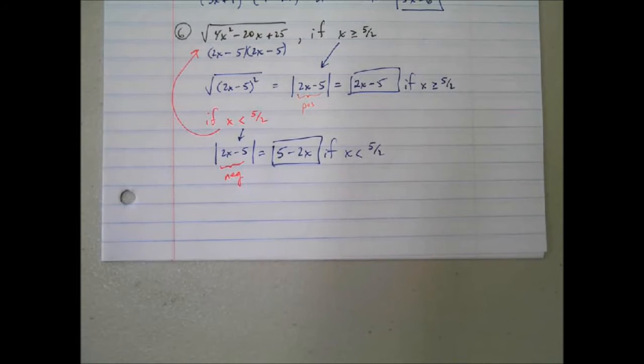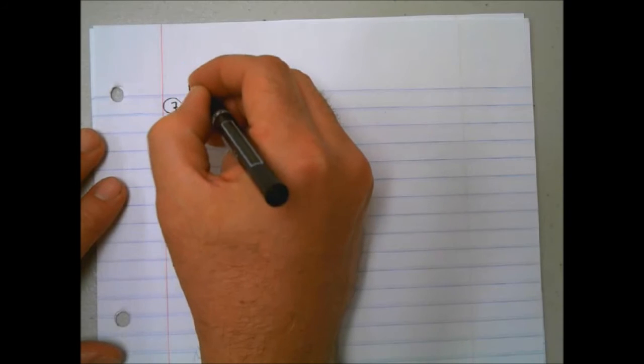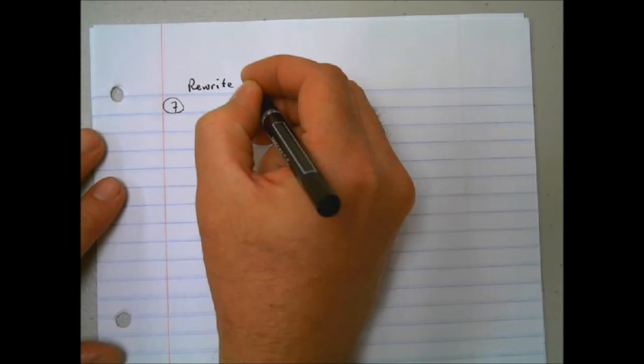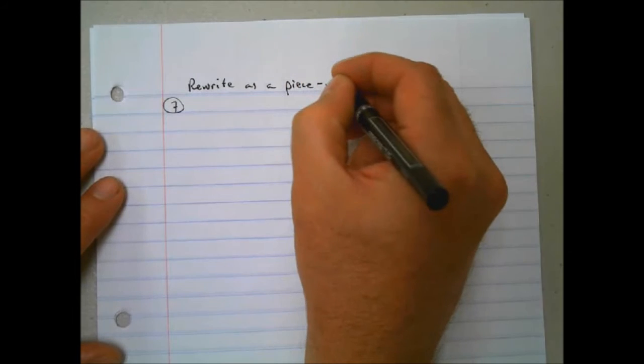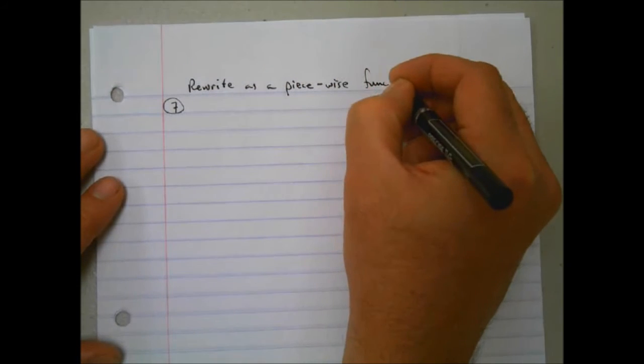Okay, and so we have some problems that are just like that. That's not the entire worksheet. We have some other problems, so let me get to that type of thing. Problem number 7 here, we are going to rewrite as a piecewise function.